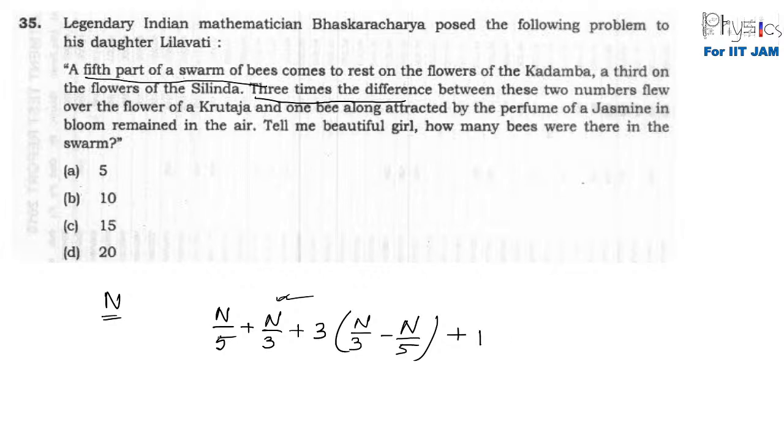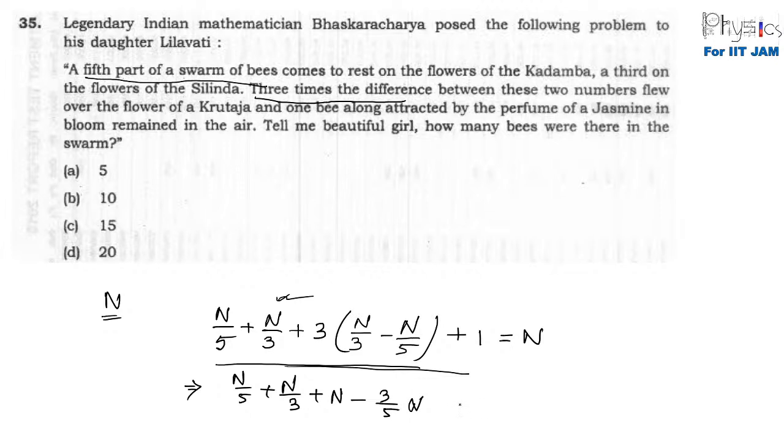So this is the total number of bees, that is equal to n. Now if we simplify it, we get n by 5 plus n by 3 plus n minus 3 by 5n plus 1 equal n.